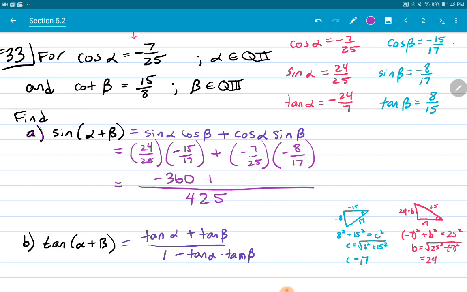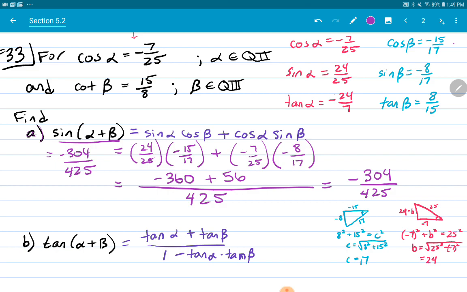And plus, negative 7 times negative 8 gives me a positive 56. I add those together and I get negative 304 over 425. So sine of alpha plus beta equals negative 304 out of 425.